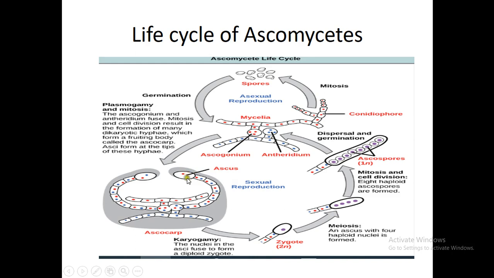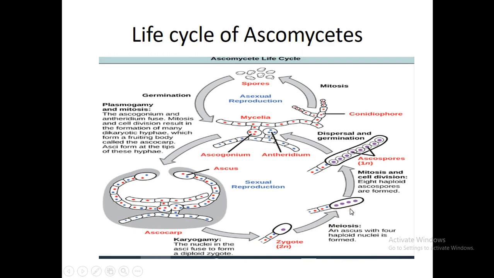Now, what happens in karyogamy? These nuclei, which are separate in this ascus, fuse together to form a diploid zygote. And now this zygote will undergo meiosis and form 4 haploid nuclei like this.